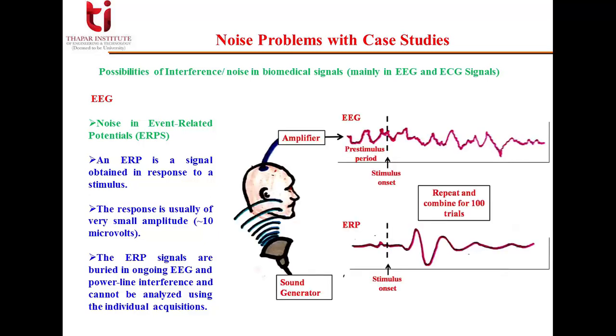As you can see in this figure, the stimulus is basically a sound. Now if you look at the EEG signal, the large background oscillation makes it impossible to detect the evoked response or the stimulus from a single trial, but averaging across tens or hundreds of trials, however, removes the background noise, leaving the ERP.